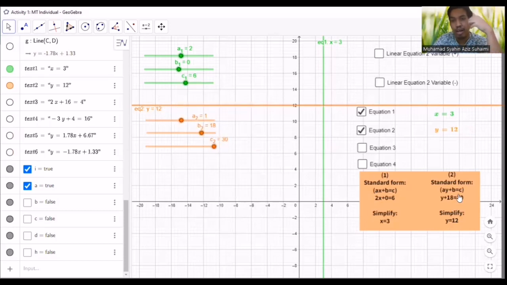So this proves that after we simplify, and in the standard form, we get the same line.